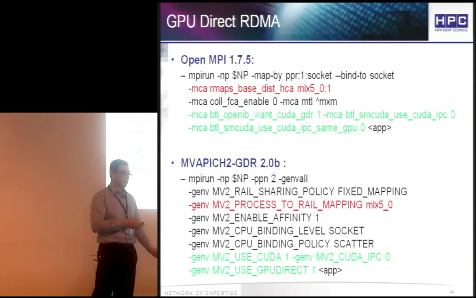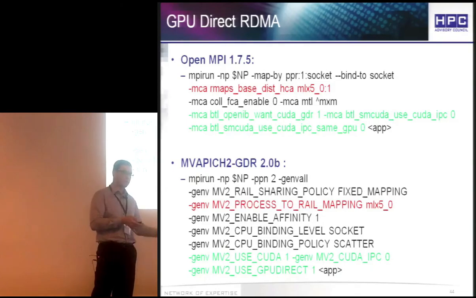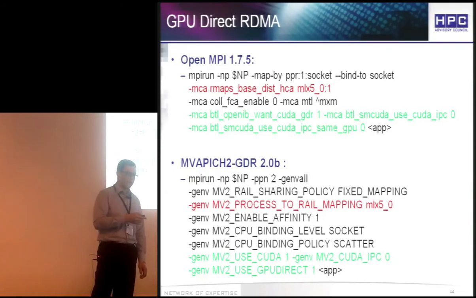For the subsequent slides, I'm going to show you some performance comparisons. First, I'm going to show you the flags that I use for running those tests. I worked on this project with Filippo Spiga from the University of Cambridge.